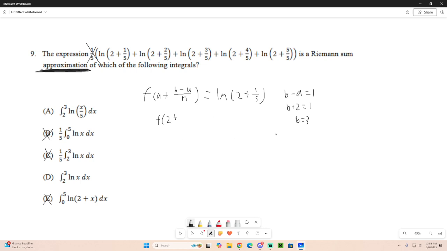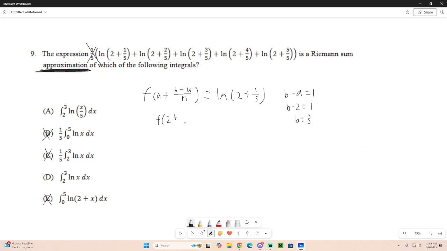Does that make sense? Why does b equal 3? If you add 2 on both sides. Yeah, now that makes sense. Okay, sorry. So that means b is equal to 3 and a is equal to 2.